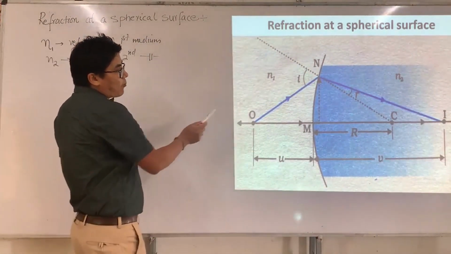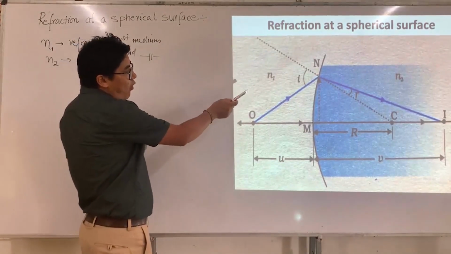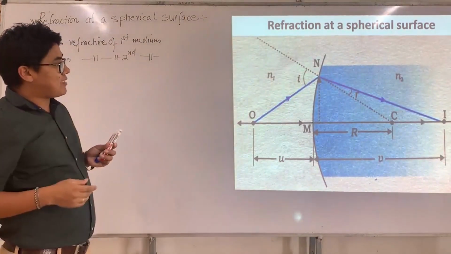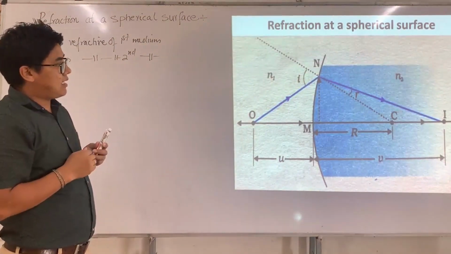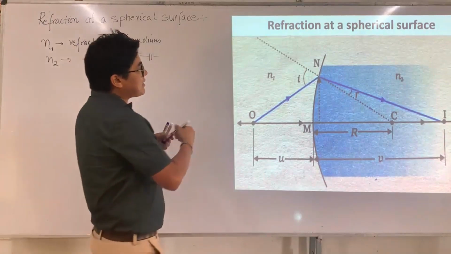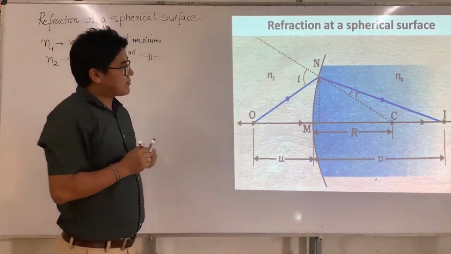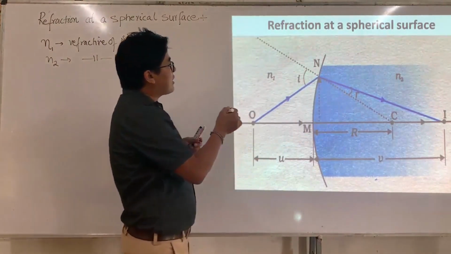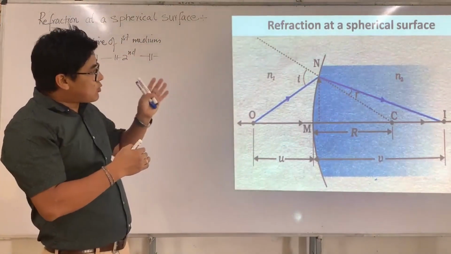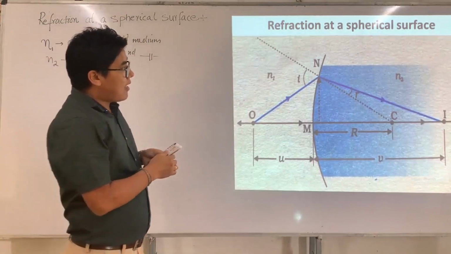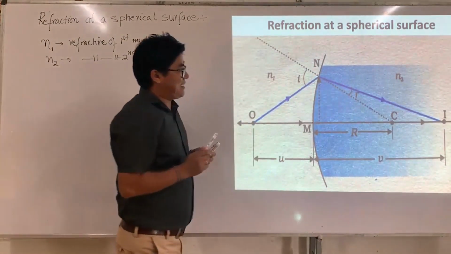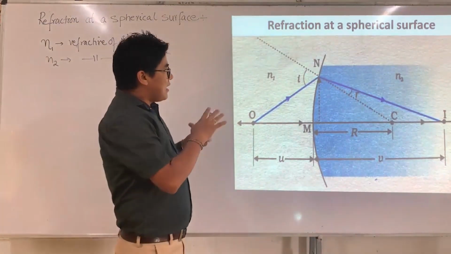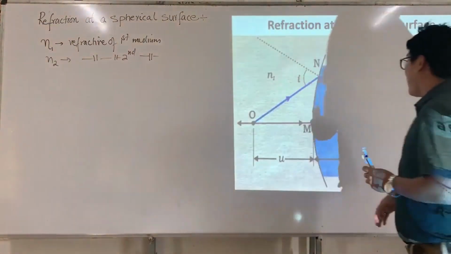O is the object, and light from O falls on the interface surface between glass and air, making the angle of incidence. Then there is bending towards the normal, because light goes from rarer to denser. And r is the angle of refraction.